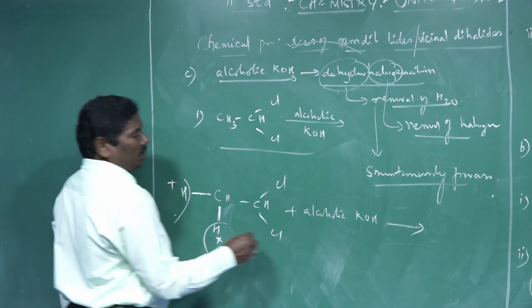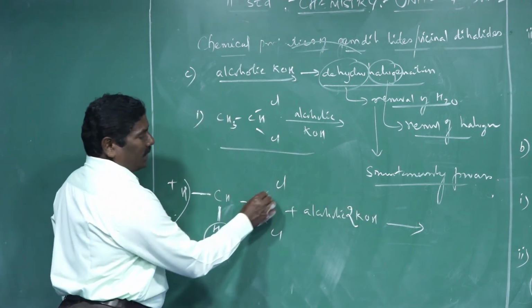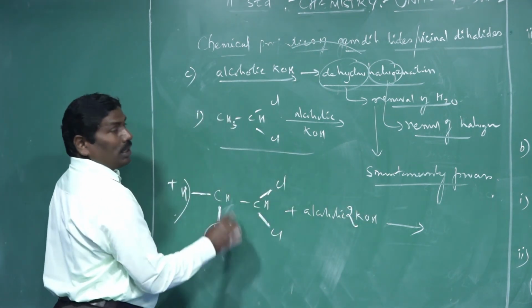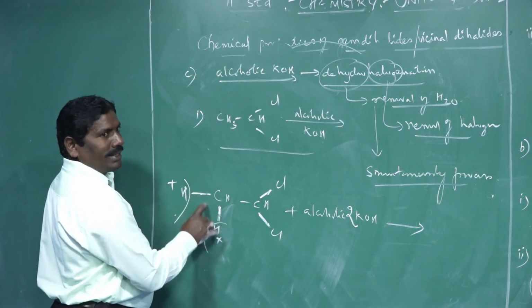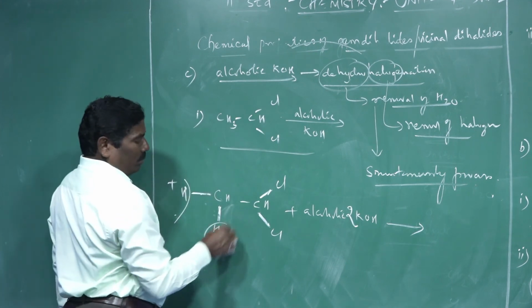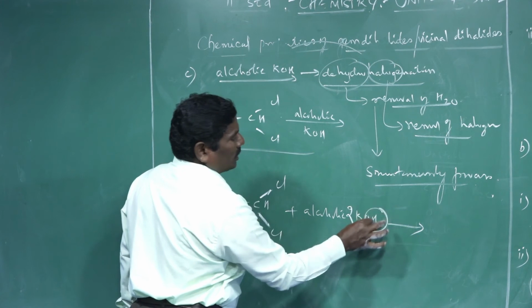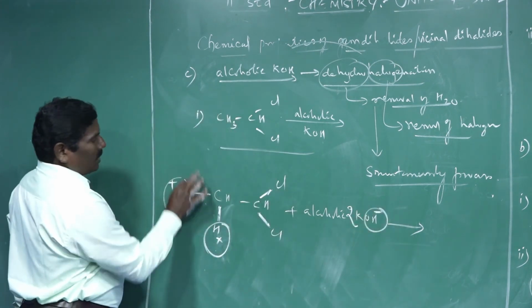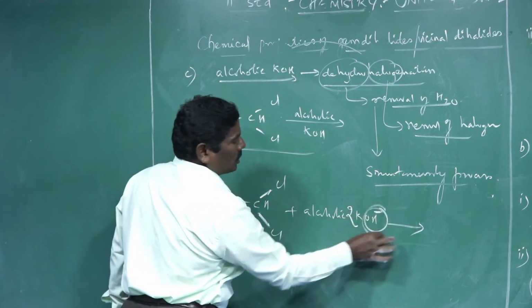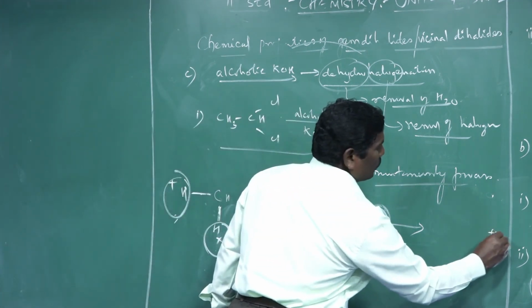Now there are 2 moles of H plus and 2 halogens. What's the concept in this reaction? This is dehydrohalogenation. There should be a removal of water. You see, 1 H plus and 1 OH minus, and another H plus and another OH minus. This all together produces 2H2O.